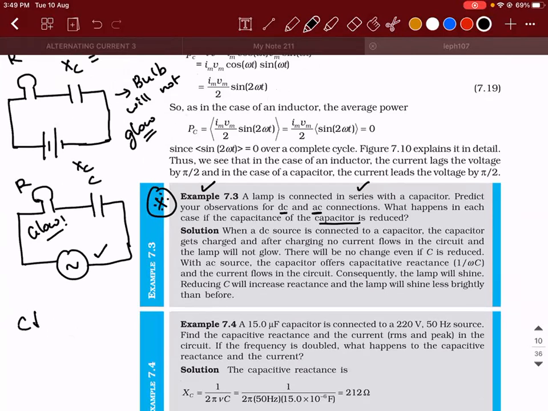When capacitance is decreased, XC will increase because XC is equal to 1 by omega C. When XC increases, current will decrease because opposition increases, right? When current is going to decrease, what will happen to the intensity? That will obviously decrease. Hence, when the capacitance is decreased, you can say that the bulb will glow dimmer.